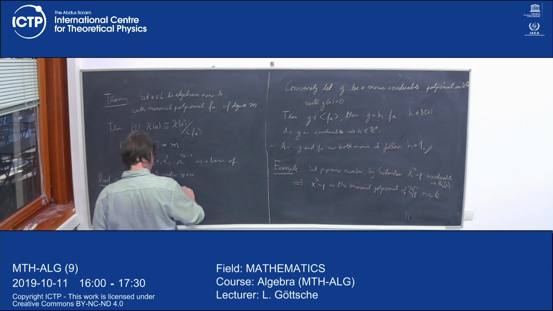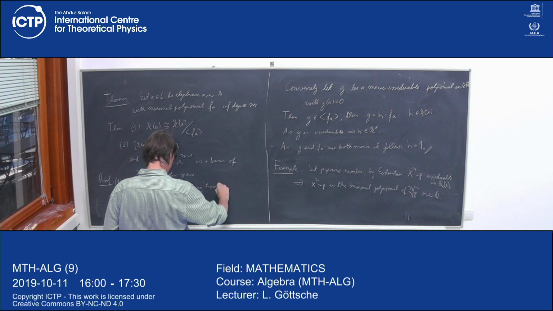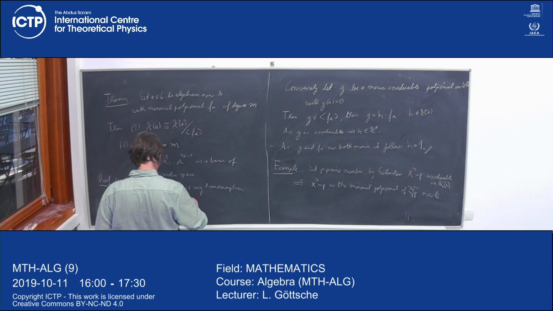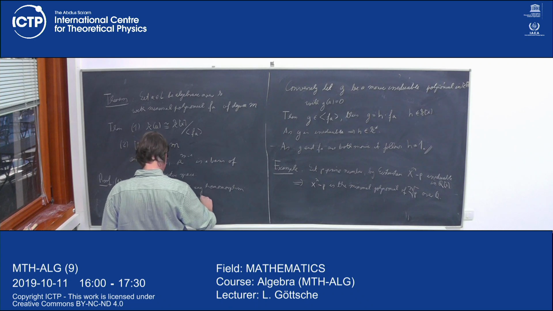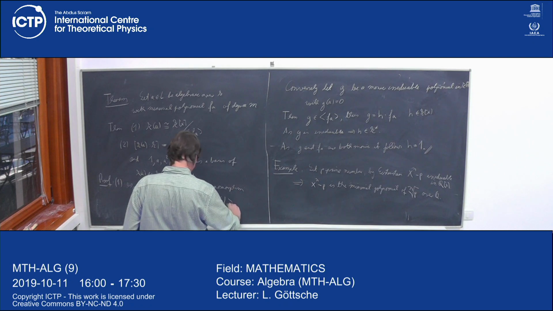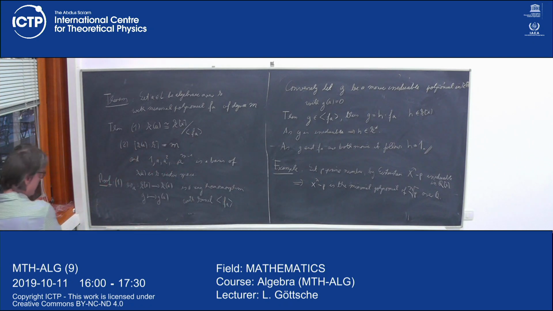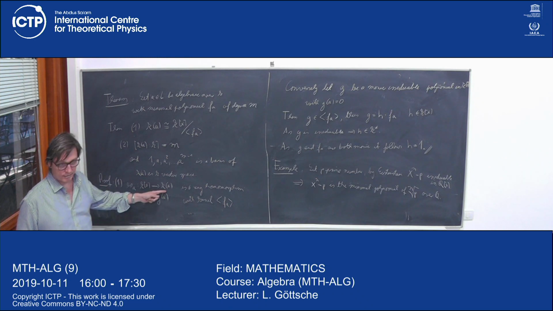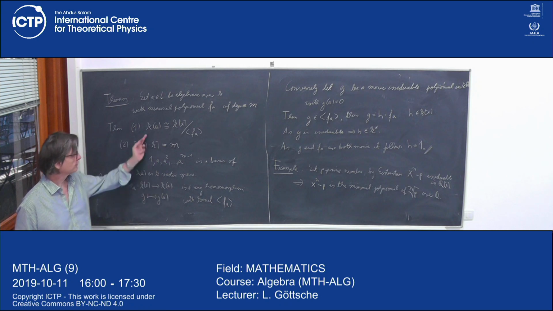So this is a ring homomorphism, as you know, with kernel the ideal generated by FA. So therefore, by the homomorphism theorem, the image of this morphism is isomorphic to this quotient.